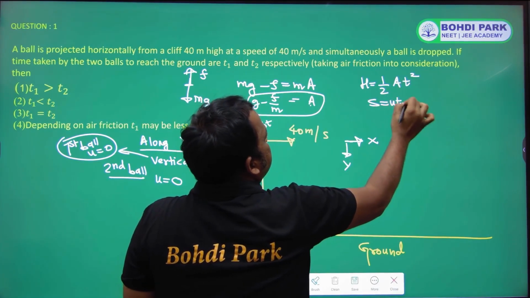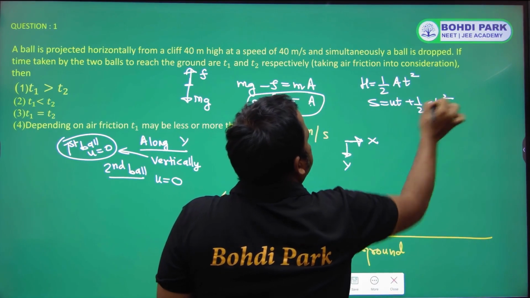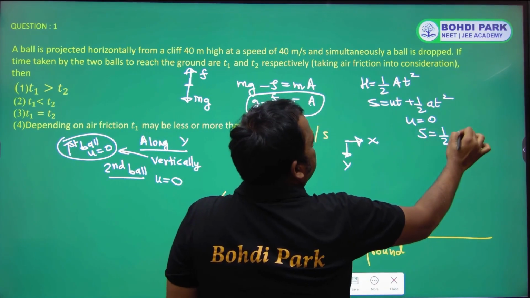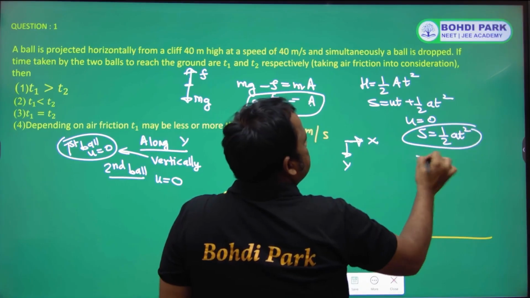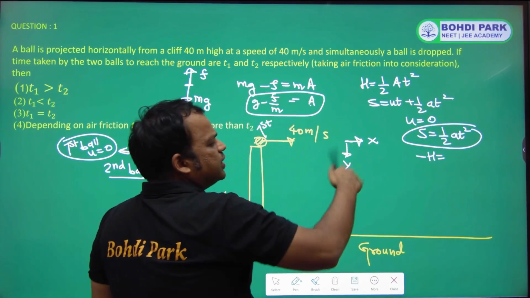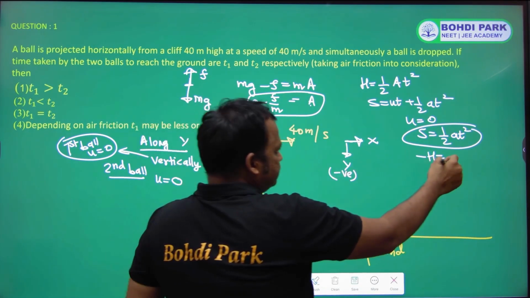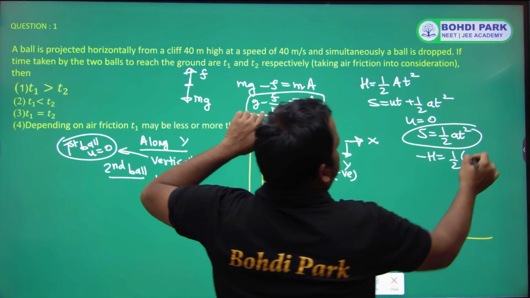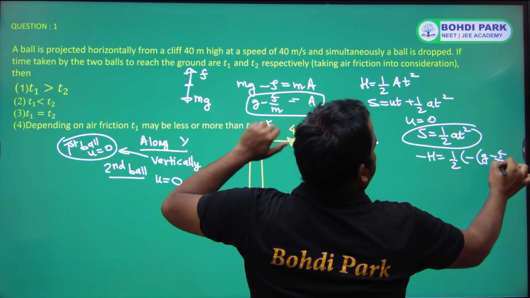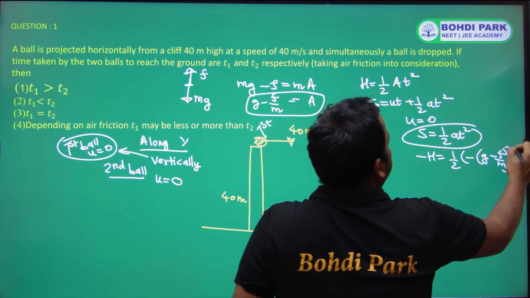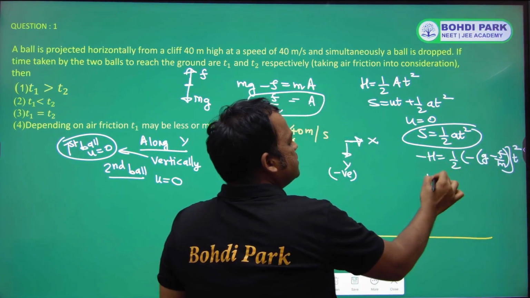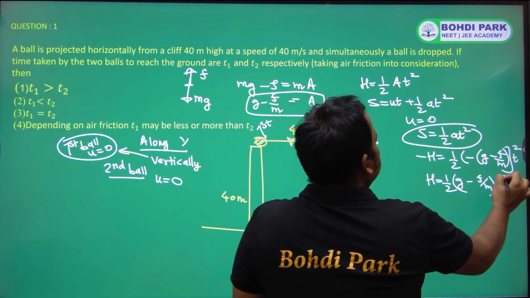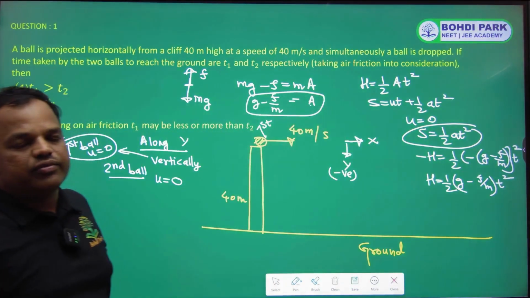Using s equal to ut plus half at square, u is 0, so s will be half at square, and the displacement is minus h in the negative y direction. The acceleration is minus of g minus f by m, times t squared. The minus signs cancel, so h is equal to half into g minus f by m into t square. So we can find t from here.